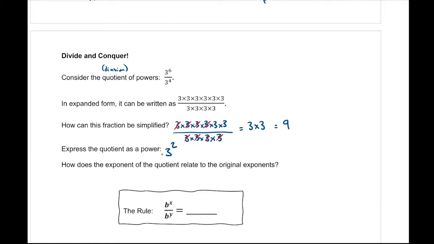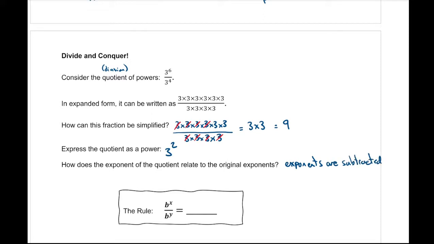So how does this exponent here relate to these two original exponents up here? Well, if you take a look at them, the exponents are subtracted.